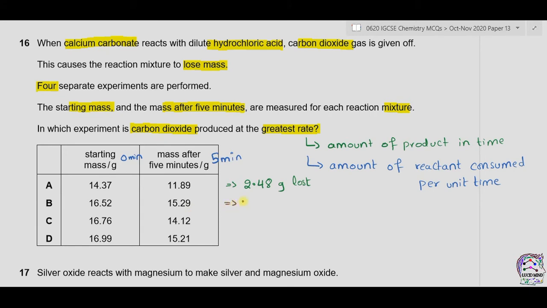So the mass lost is 1.23 grams. In C, we had 16.76 at the start and 14.12 after the reaction. So the mass lost is 2.64 grams. In D, we had 16.99 grams at the start while 15.21 after the reaction. So the mass lost is 1.78 grams. As all the masses are lost in 5 minutes, the correct answer is therefore C.